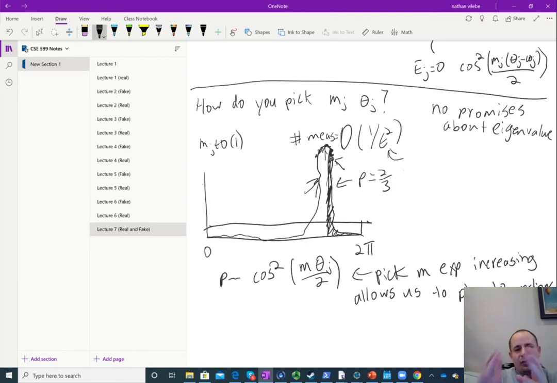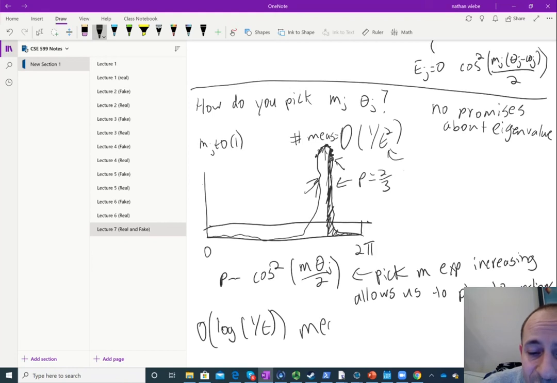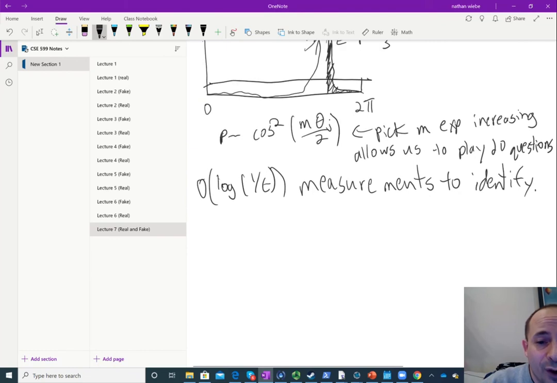And we can repeat this process over and over and over again and use log 1 over epsilon measurements to identify phase.